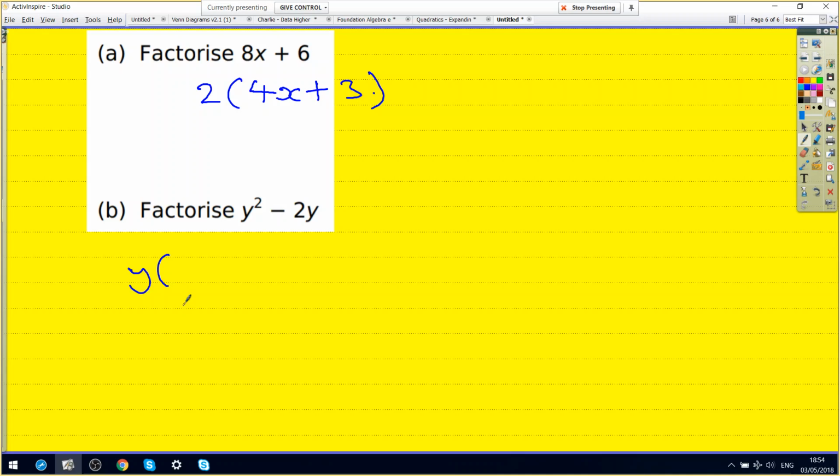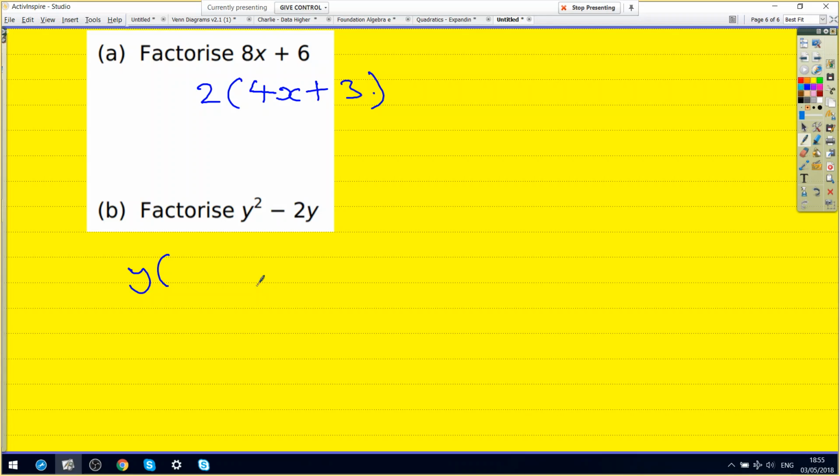So the first bit would be... I don't know how to do the first bit, but would the second bit be 4y? Why would it be 4y? No, I got mixed up there. So when it's a minus, is it really dividing? Factorizing is always dividing. Oh yeah. So it's like y times what makes 2y.